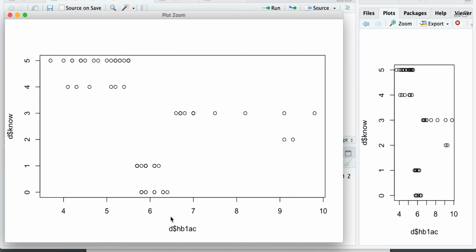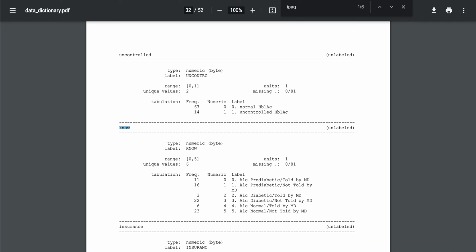It doesn't have any one-to-one relationship. In other words, it doesn't seem that no is a summary of HB1AC.